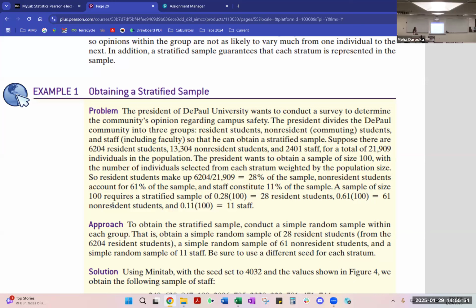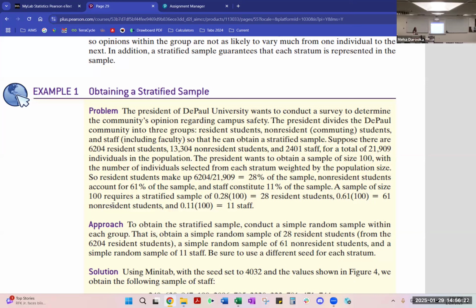They're basically saying, okay, we take the resident students, which is 6,204 divided by our total. That's 28% of the sample. Non-resident students are 61% using the same calculation. And the staff constitutes 11% of the sample. Since we want 100 individuals in the sample, you take each of those percentages and multiply it by that 100.